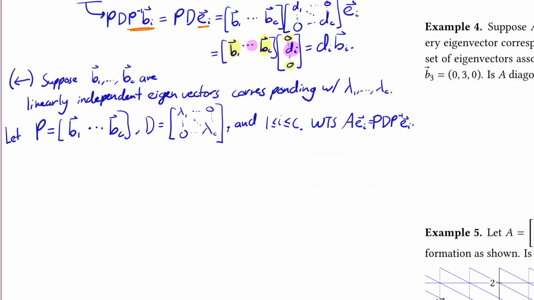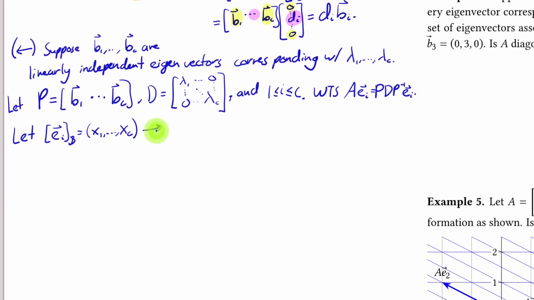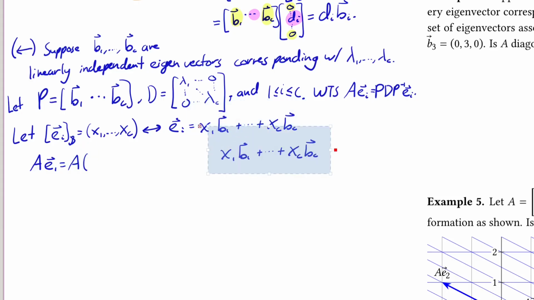So let's think about the B coordinates of EI. Let's say those coordinates are x1 through xc. In other words, we're saying that EI is the result of doing x1 b1 plus and so on, up through xc bc. So if we want to see what A times EI is, we can think of that as A times this version of EI written in terms of the basis vectors.